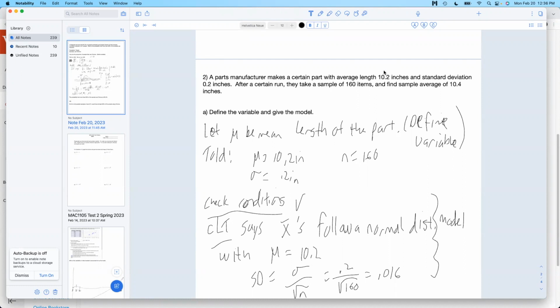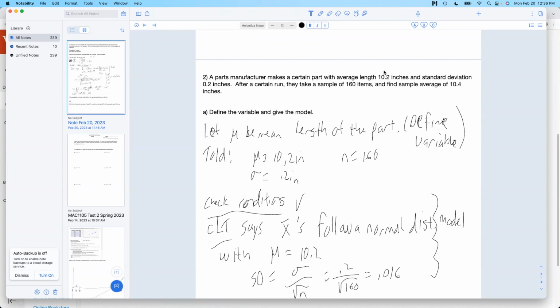We grab 160 off the line, and they're not all big, but their average is much bigger than it should be. The probability that this was just a random sample, like, it's possible that there's nothing wrong with the machines.